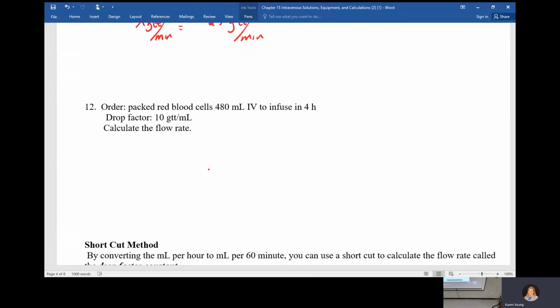If a person needs blood, how else would they get it? Through the IV, right? So in this case, the orders for packed red blood cells are 480 milliliters in 4 hours, and it has a drop factor of 10 drops per milliliter. So y'all work that one.